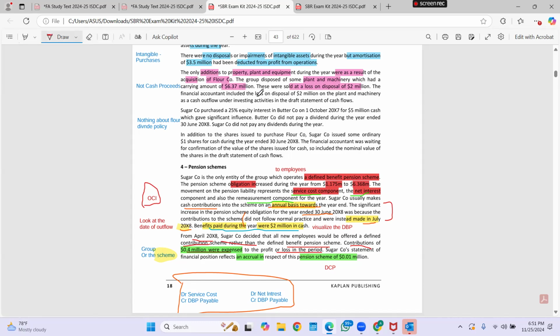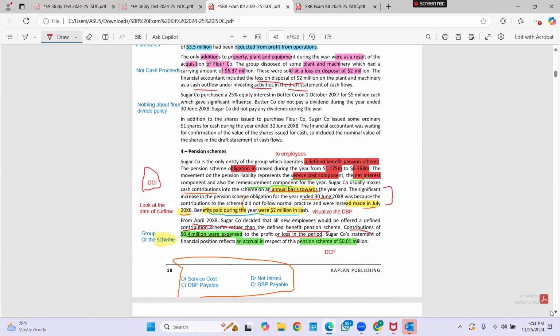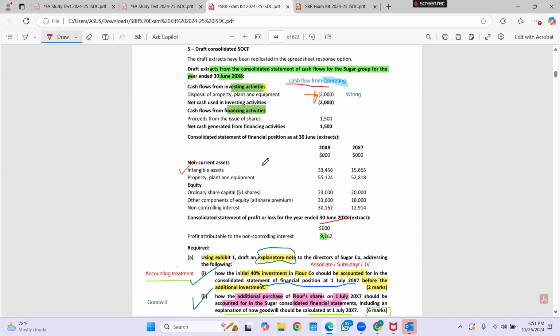The financial accountant included the loss on disposal of 2 million as a cash outflow under investing activities in the draft. Rather than showing the cash proceeds, he has gone and shown your loss. Do you think this is correct?